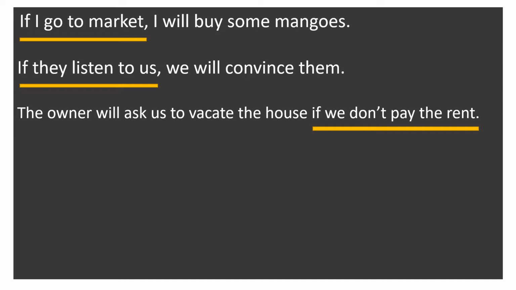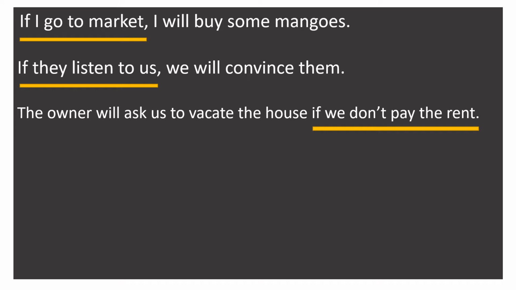First the speaker has to go to market. Then only he will buy some mangoes. Here going to market is the condition and buying mangoes is the result. And he will buy mangoes only when he goes to market. If he goes, he will buy mangoes. If he doesn't go, he will not buy mangoes.